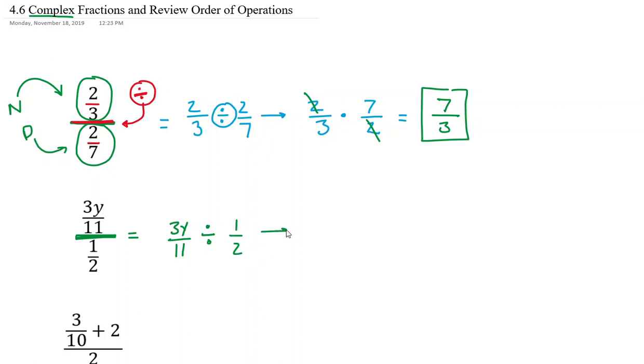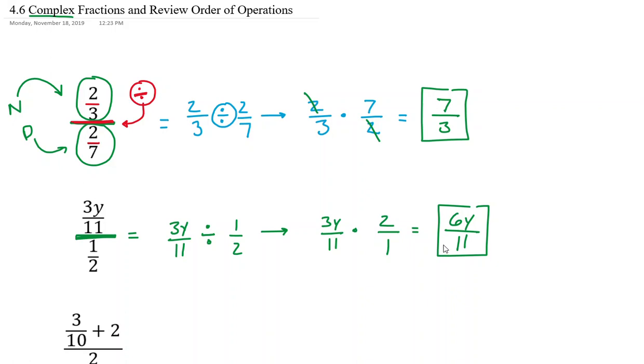And we can rewrite that as 3y over 11 times the reciprocal of 1/2, which is 2 over 1. And then we can multiply across. 3y times 2 is 6y. 11 times 1 is 11. And there we have it.